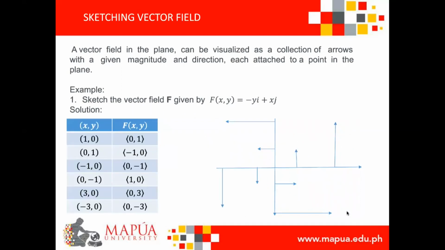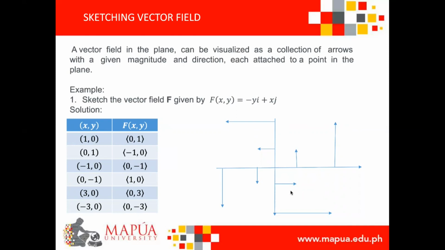So if you're going to sketch some points here, the behavior of your graph will look like this. It goes upward on your first quadrant. Then on your second quadrant, we have the vectors in the direction going to the left. And then in the third quadrant, we have vectors going down.